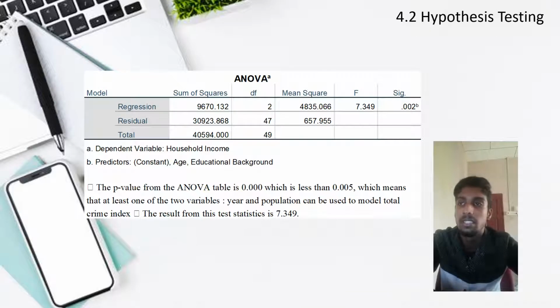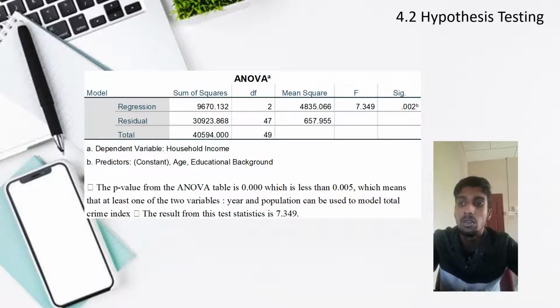4.2 Hypothesis testing. ANOVA. The mean square for regression is 4835.066 and for residual is 657.955 and the total is 49.